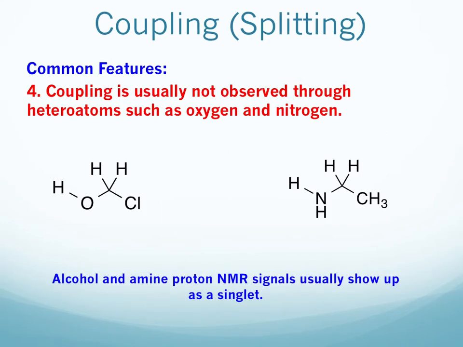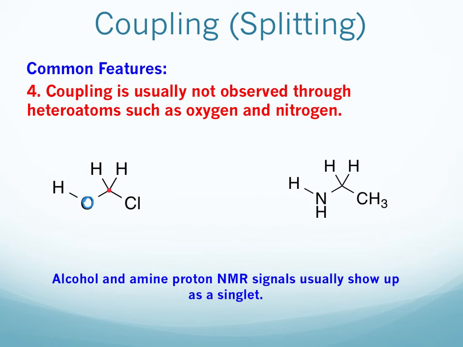The fourth thing deals with heteroatoms like oxygen and nitrogen. And the fact is you generally do not observe any coupling through those heteroatoms, even though they're adjacent. So here we have a CH2 on this carbon, and you have a hydrogen on the adjacent oxygen.